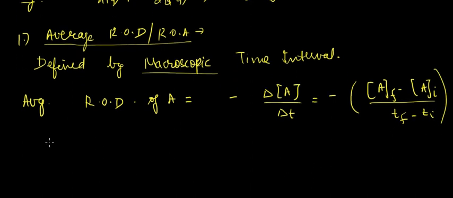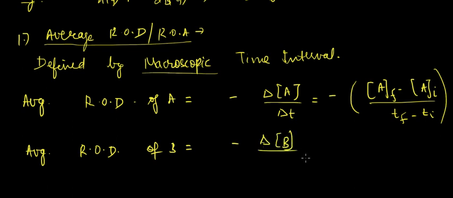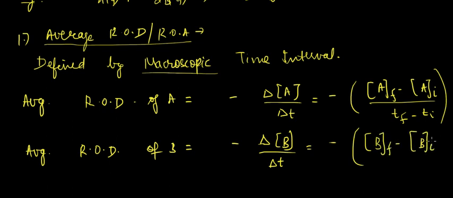Okay, and average rate of disappearance of B can be written as again minus delta of change in concentration of B divided by change in time. Then this can be written as concentration of B final minus concentration of B initial divided by TF minus TI. Okay, so this actually represents the molar concentration.